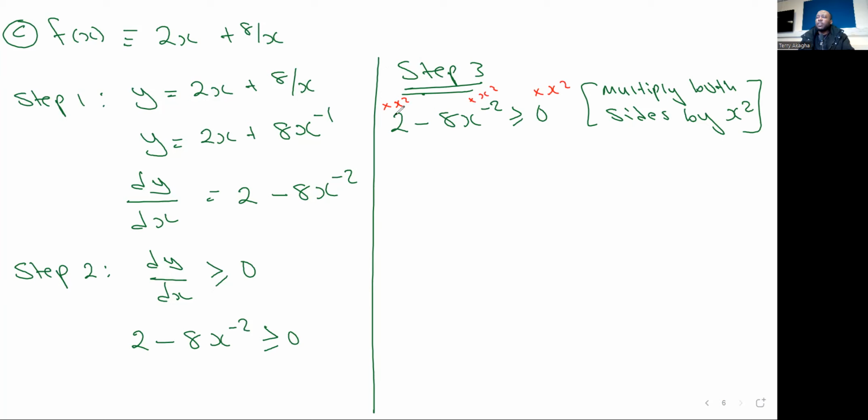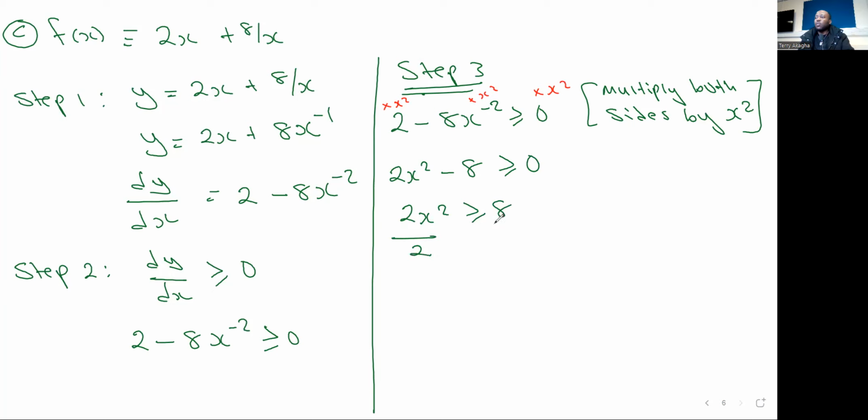Then this gives me 2x squared minus 8, since the x squared cancels out, greater than or equal to 0. Are you seeing it? So I take minus 8 to that side, and it gives me 2x squared is greater than or equal to 8.